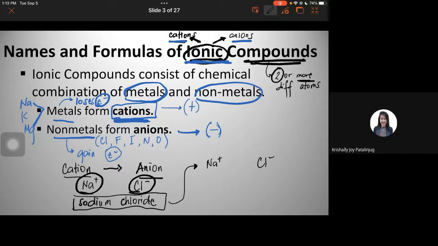Then follow the rule, the crisscross method. What is the crisscross method? You simply cross over the numerical value of their charges, making them the subscript of the other ion.